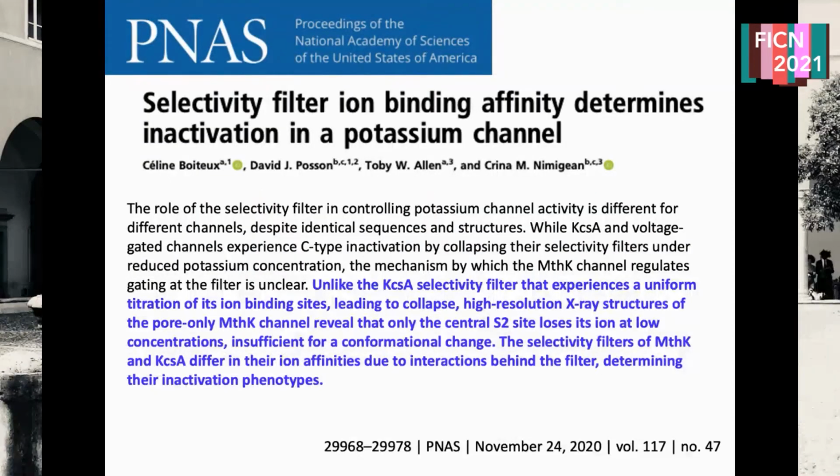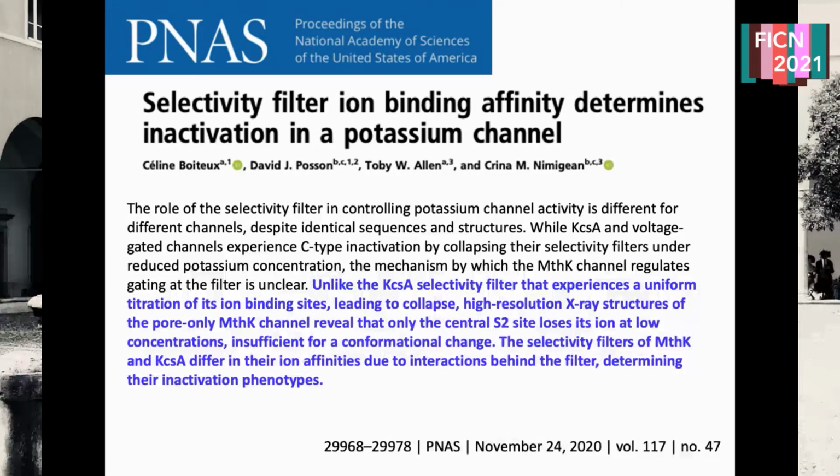Very recently, Karina Nimijan and our collaborators, I should name all of them, Céline Boiteux, David Poisson, and Toby Allen, did a very nice study where they looked at the binding of ions to MthK experimentally with X-ray structure titration, and they also did computation. Their conclusion is that, in order to pinch a filter, the ions need to get out of the way. Indirectly, the stickiness of the binding, how strongly the ion binds to the filter, will affect your ability to capture and observe the constricted filter.